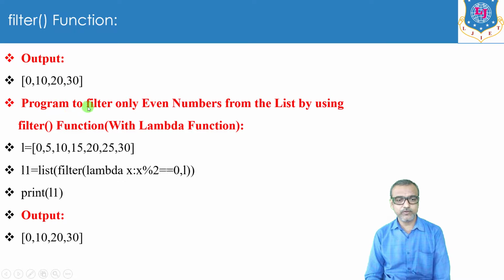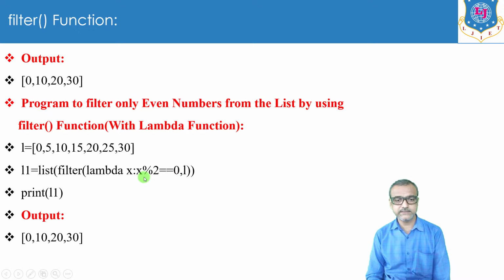Now we have a program to filter only even numbers from the list by using filter function but with lambda function. So again we have written the same list L, that is L equals to these elements. Now L1 equals list of filter of lambda x colon x modulo division 2 equals to 0 comma L. So here in filter function we are passing the lambda function as argument, and again we are checking whether on dividing x by 2 we are getting remainder as 0 or not.